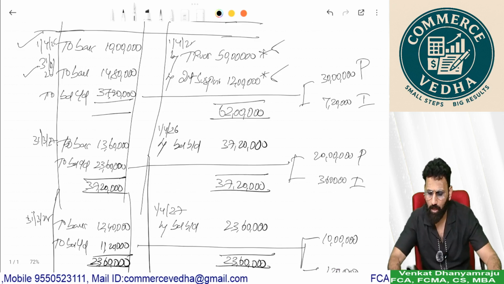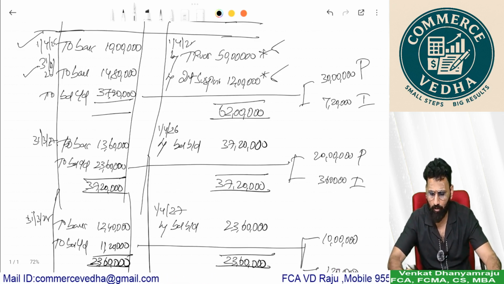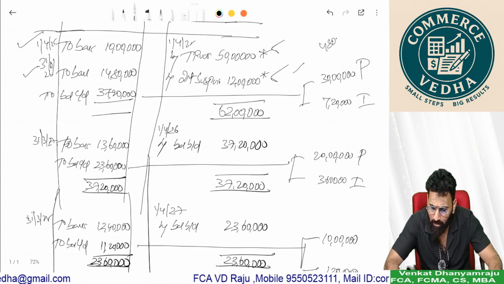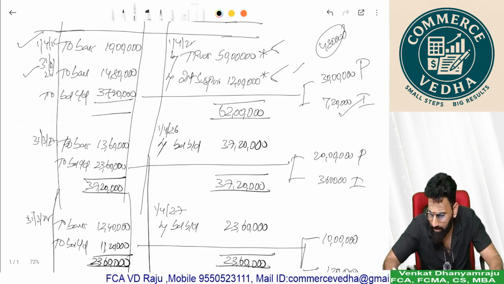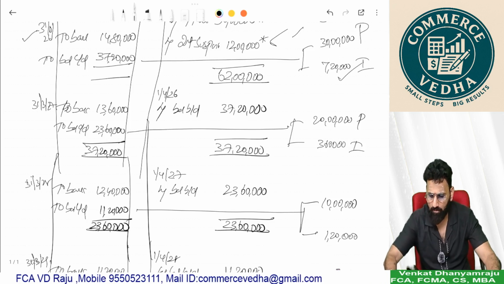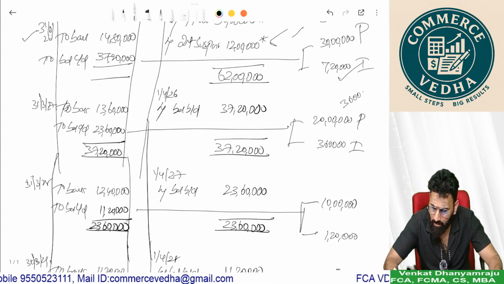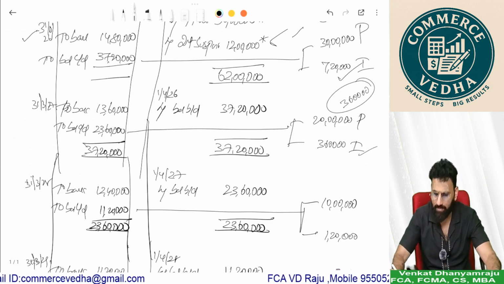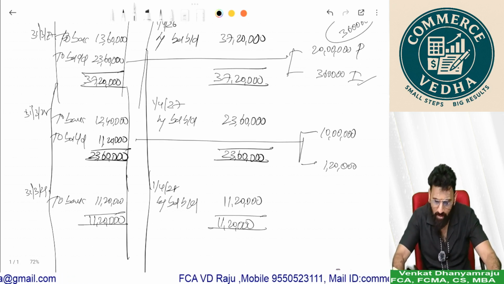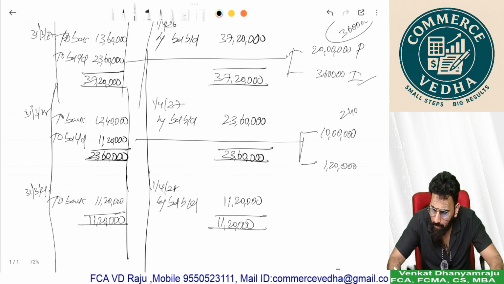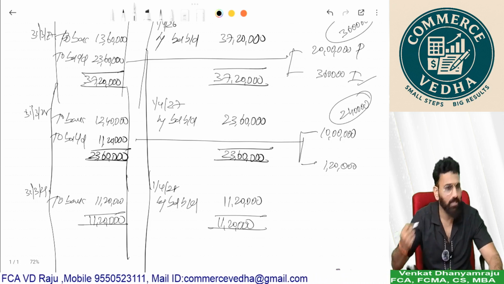It means what? Out of 12 lakh interest, you paid 480 the first year, so the balance is 720. Second year out of 720 you paid 360, balance is 360. Third year out of 360 you paid 240, balance is 120.